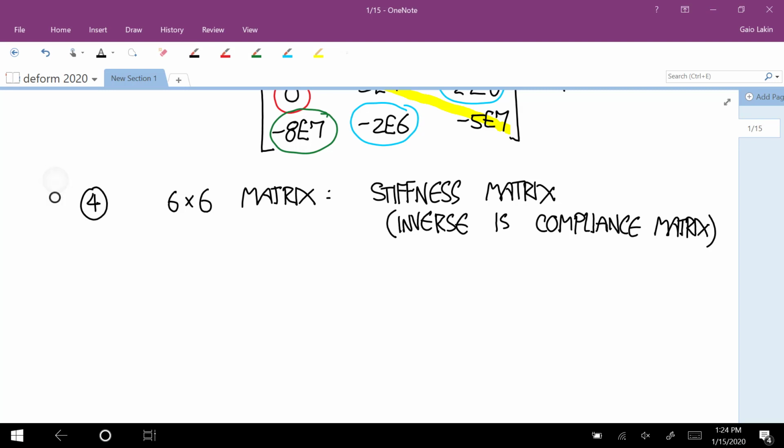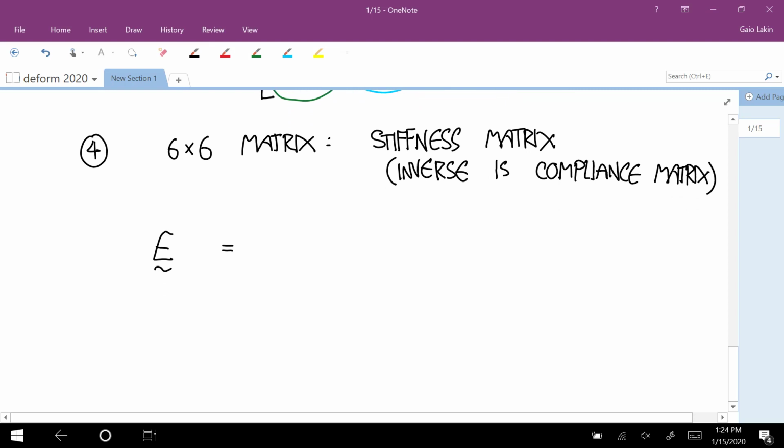Okay. And I'll give you the form of this actually. So the variable that represents it is a capital E. And I'm going to show you the form of this matrix. Most of the values are zeros for the stiffness matrix.